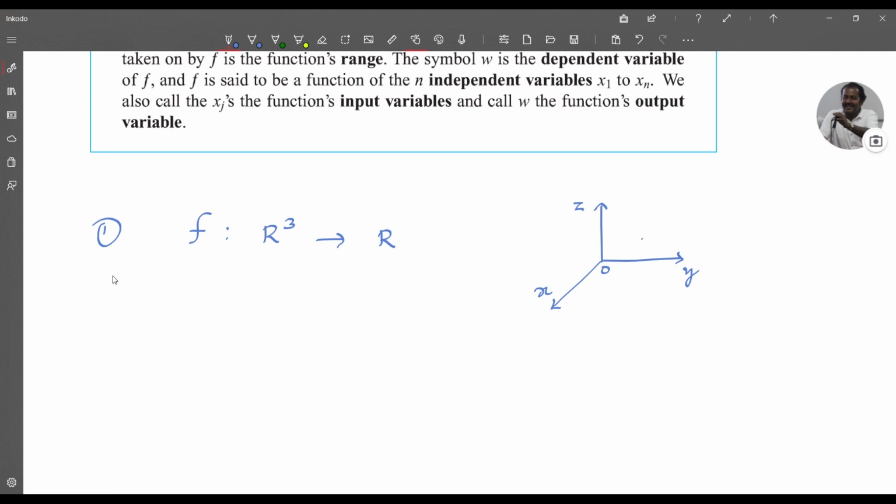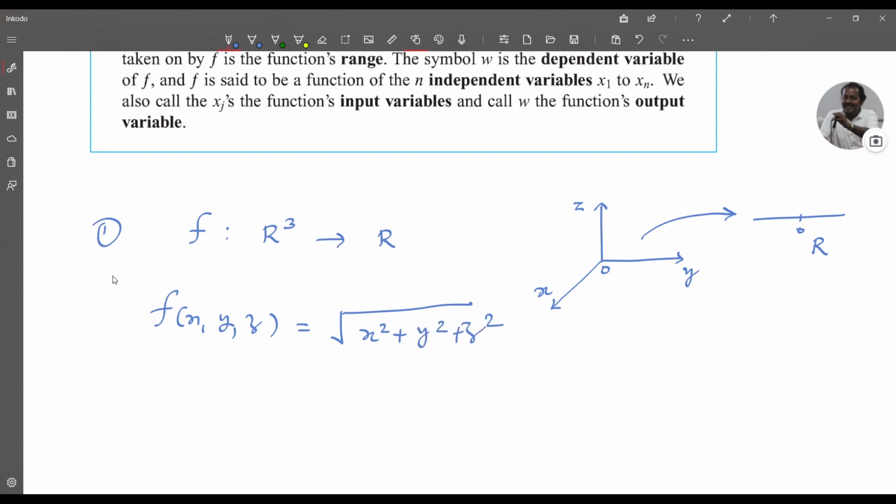So from here to the set of reals, defined by f of x, y, z equal to square root of x squared plus y squared plus z squared. So this is a function of three variables defined from R3 to R. R3 is the space, R is the set of reals. So this is an example of a function of three variables.